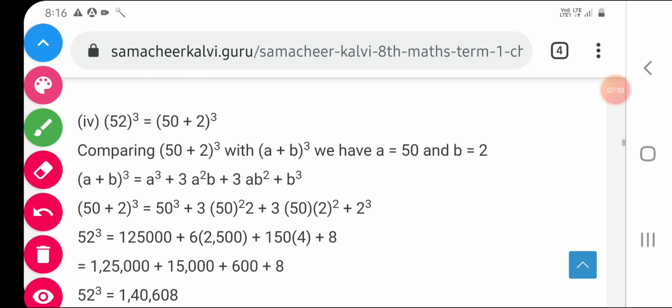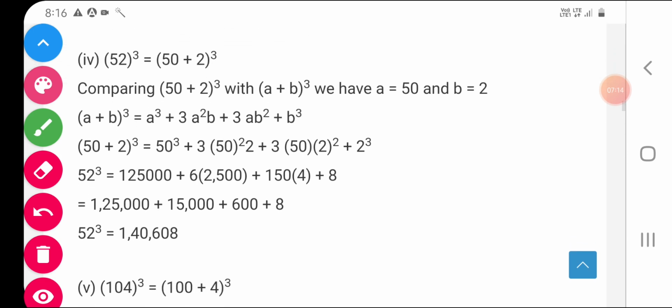Next subdivision 5, 52 cube. We can write 52 cube as 50 plus 2. Easily we can find the 52 cube answer by using the identities.